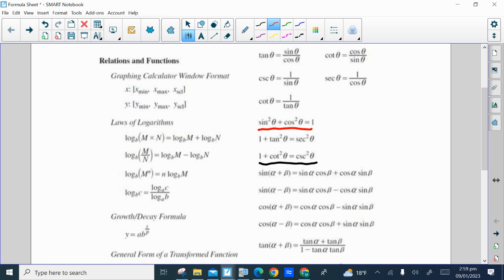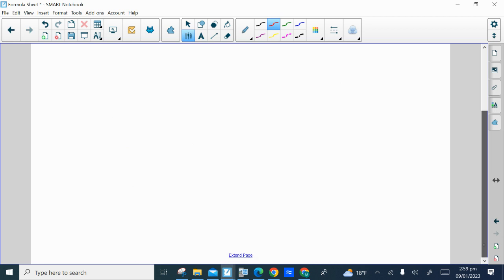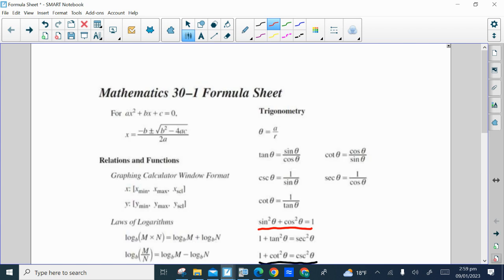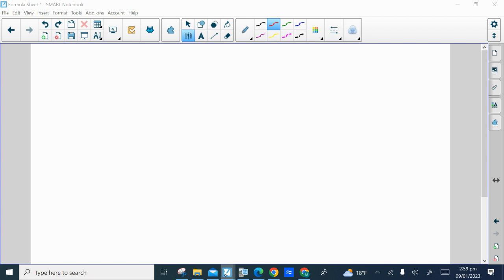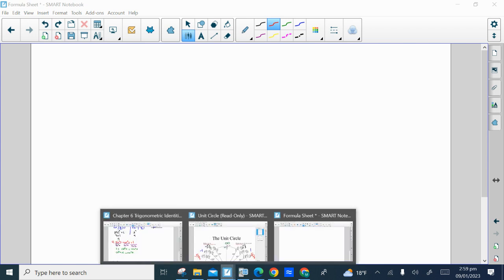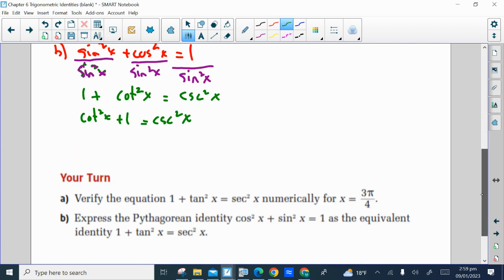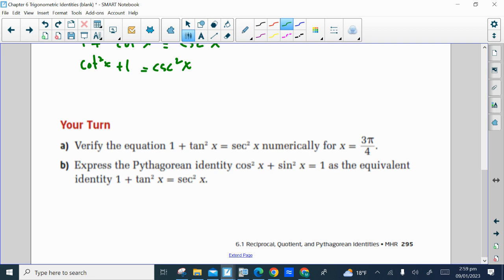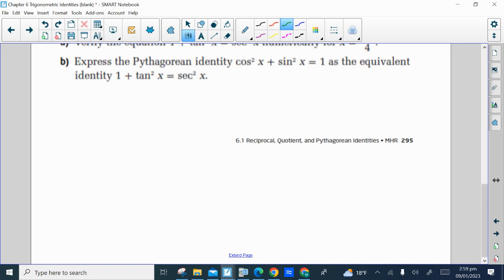That's right. We're going to do that next. So that's what the your turn asks us to do. Verify that equation numerically for x equals 3 pi on 4.